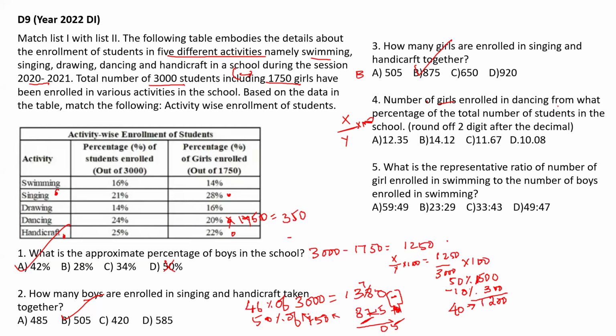Next, Y. Total number of students in the school is 3000. So 350 is what percentage of 3000, they are asking. So we know that 300 is 10 percentage. So 350.